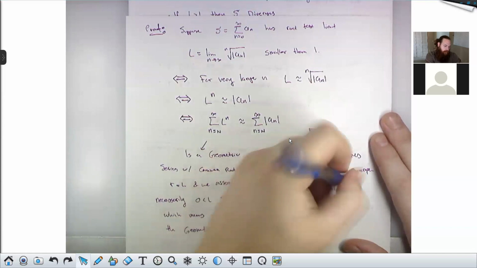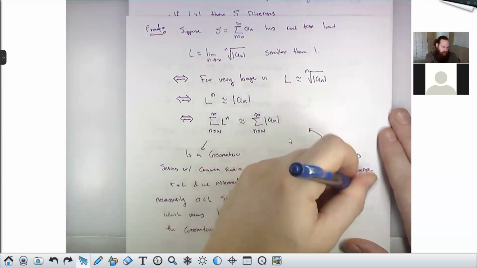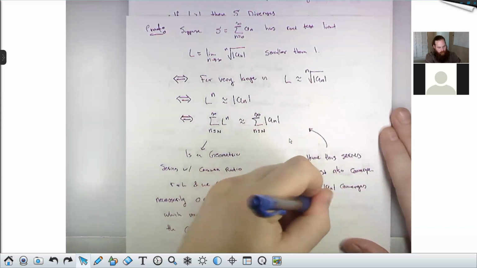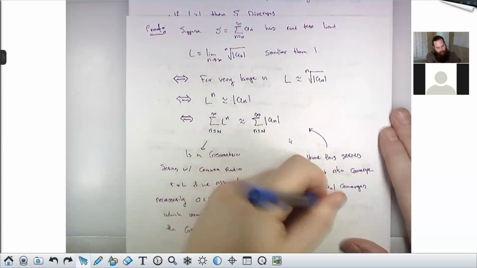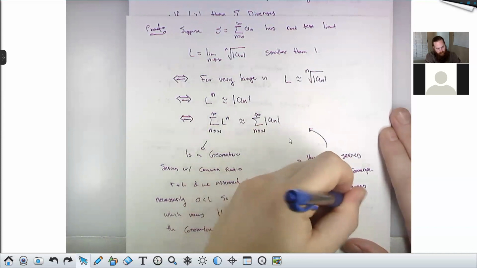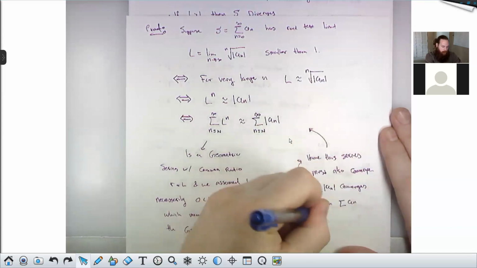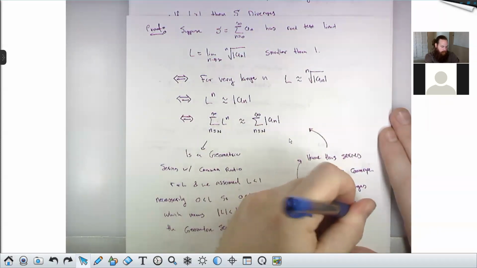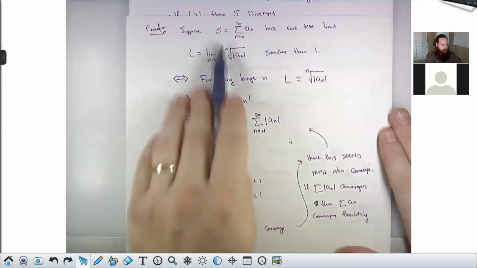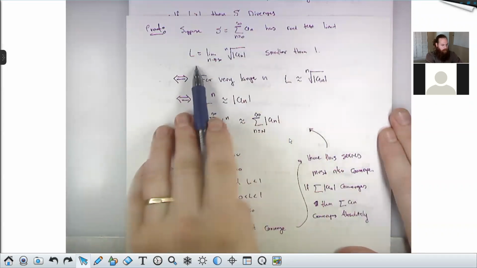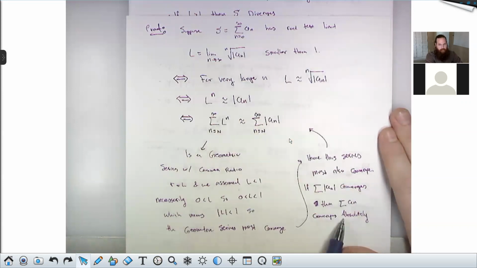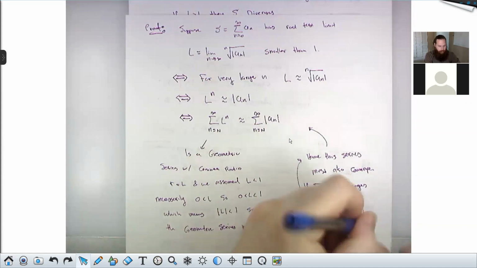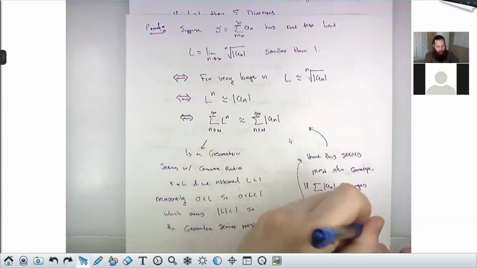If this converges, then the original series converges absolutely. So if the series has root test limit smaller than 1, then that series converges absolutely, which is what we wanted to prove.